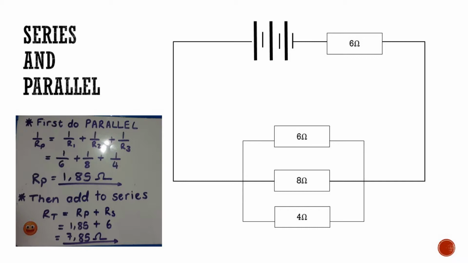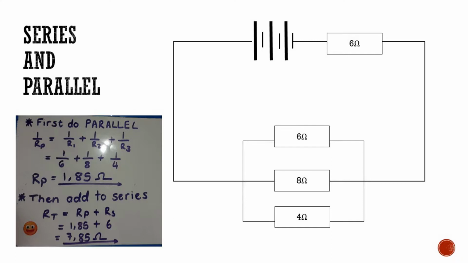Then the second part, we've got to add it to the 6 ohm resistor, which is in series over there. And again, you have to have an equation. Please, R total would be R parallel plus R series. So 1.85 plus 6, which gives us a total resistance of this circuit of 7.85 ohms.